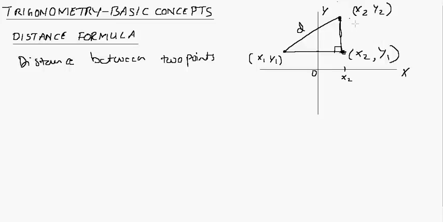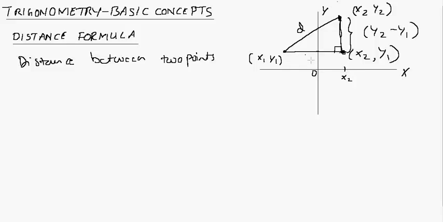Now the length of this side of the triangle is y2 minus y1, because this point is y2 and this point is y1. So the length of this side would be y2, the total distance, minus y1.